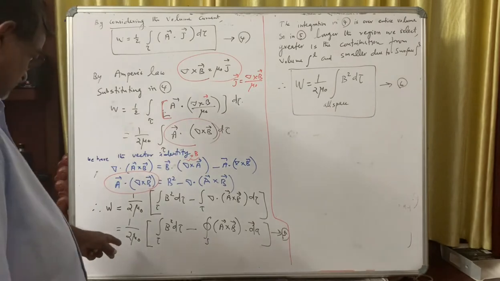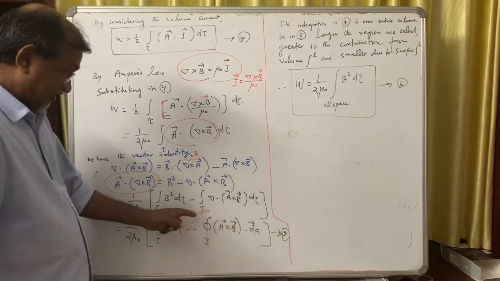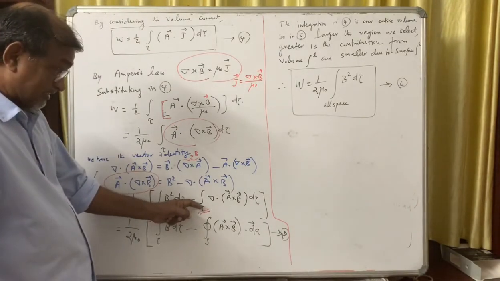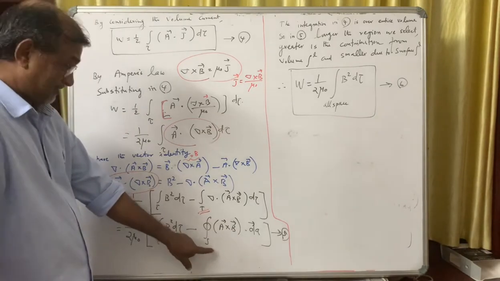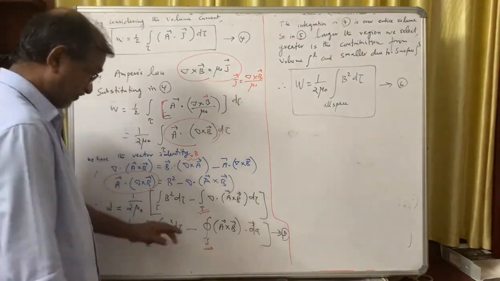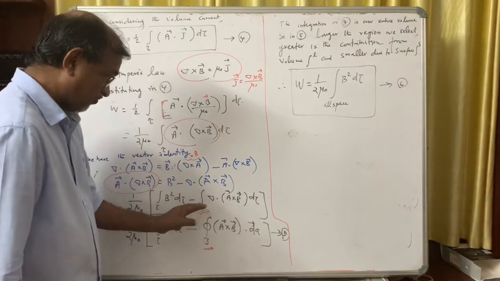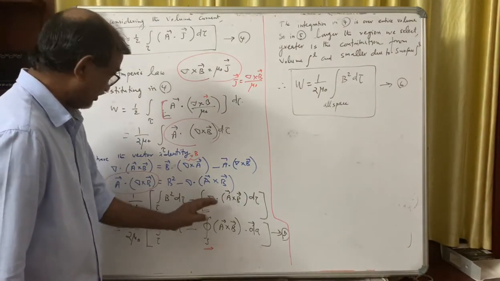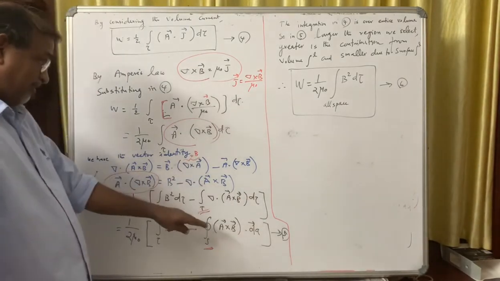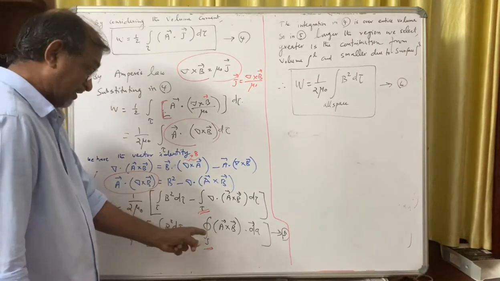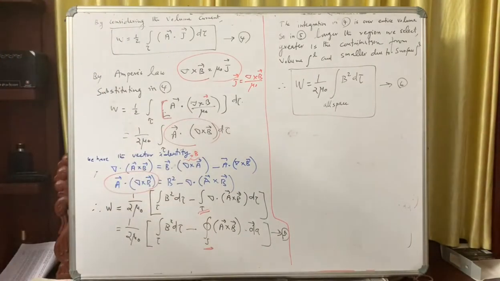Here this is the volume integral. By using Gauss's divergence theorem, we are converting this integral into the surface integral. So the volume integral of del dot (A cross B) dv can be changed into the surface integral of A cross B dot da using Gauss's divergence theorem.